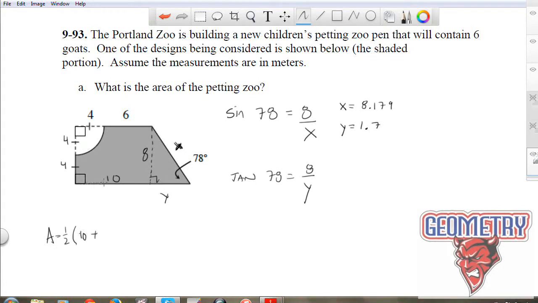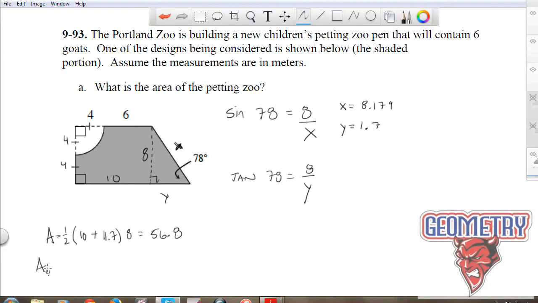This whole part on the bottom is 11.7, right? 10 plus 1.7 is 11.7, times the height, which we have as 8. So 10 plus 11.7 times 8 divided by 2 ends up being 56.8. But that's not our final answer because we have to subtract off this quarter circle.